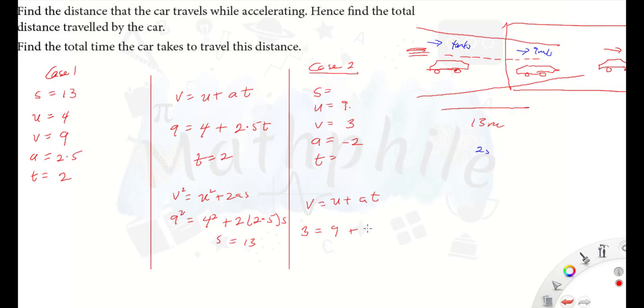You should manipulate this. I think 3 seconds or so, but do it. 3 minus 9 should give you negative 6, divided by negative 2 should give you a positive 3.